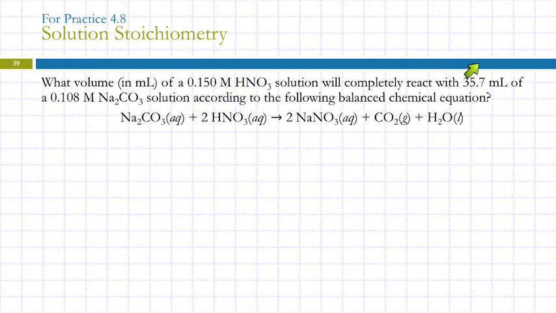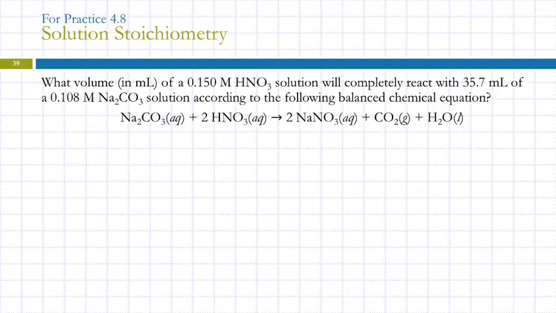The volumes you will usually encounter in these problems are milliliters, because milliliters is a more reasonable size for which to do experiments. You know, if you're doing this on a commercial scale, it would be liters or kiloliters or something. But in the chemistry lab, we use milliliters. So we need to just get used to that.